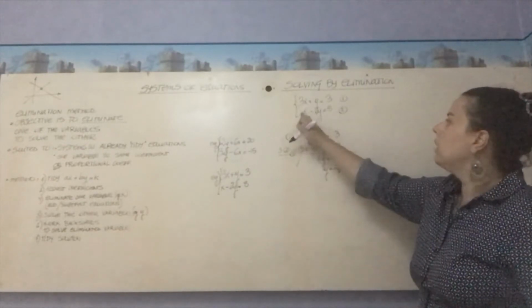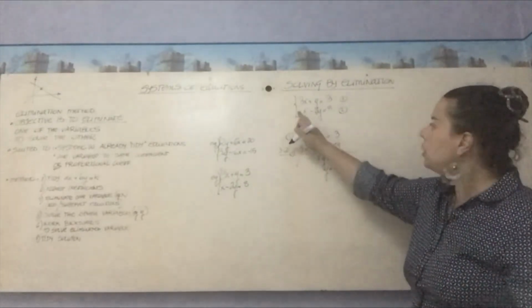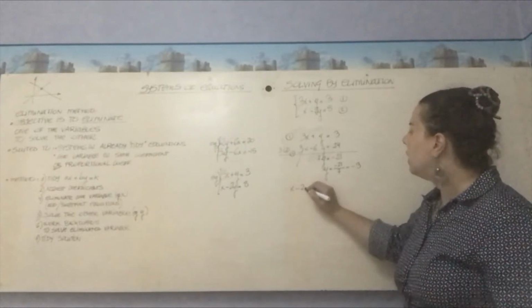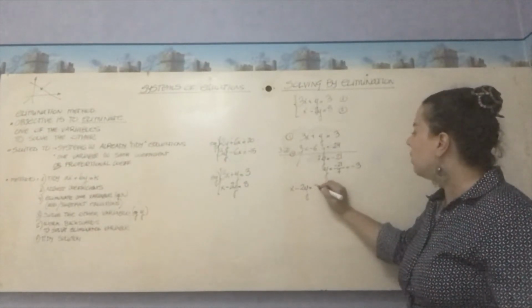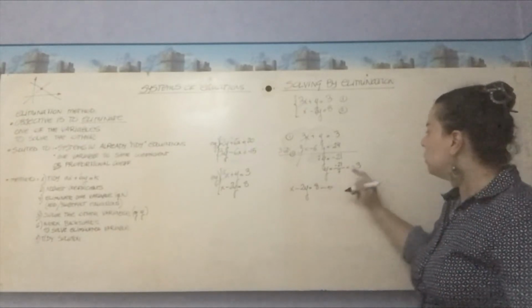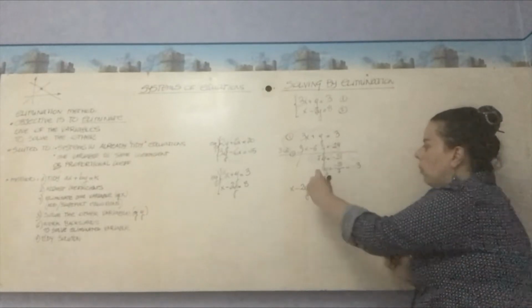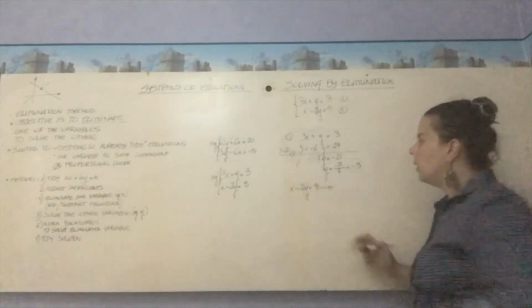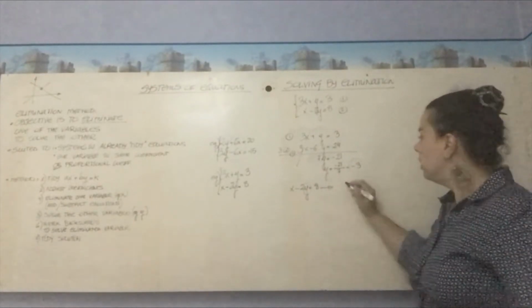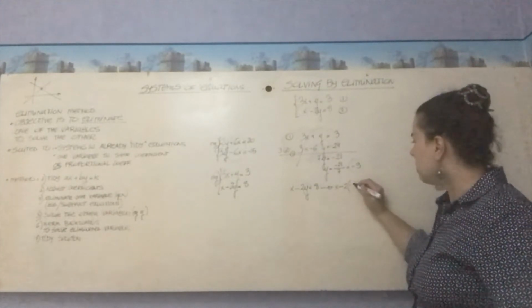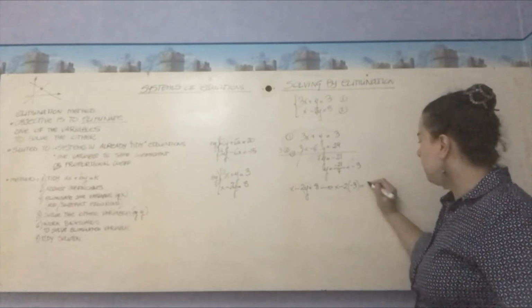In this one, x doesn't have any coefficient, so it's going to be easier. Okay, so if x minus 2y equals 8, now what I'm going to do is substitute this minus 3 where the y is, because I already have the value there. So what I would have is x minus 2 times minus 3 equals 8.